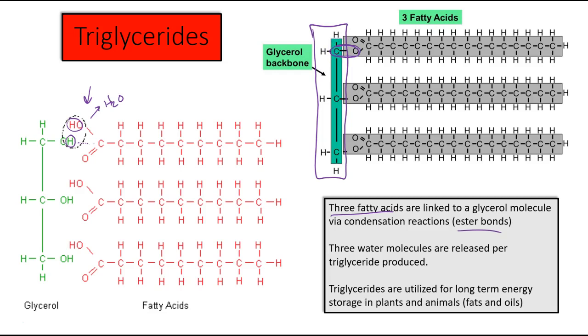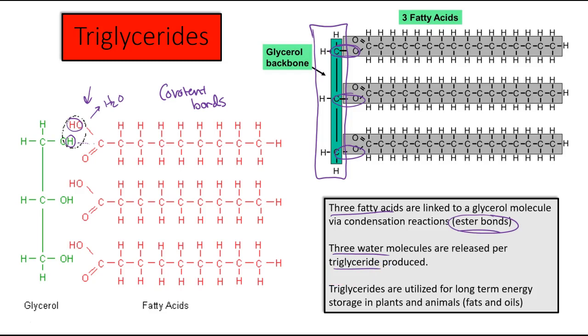It is a covalent bond, or I should say it's a type of covalent bond. Remember, covalent bonds are weak, but it is a specific type of covalent bond, an ester bond. So we have 3 ester bonds that are holding the 3 fatty acids to the glycerol backbone. And because we linked 3 fatty acids to the glycerol, we have released 3 water molecules per triglyceride that is produced.